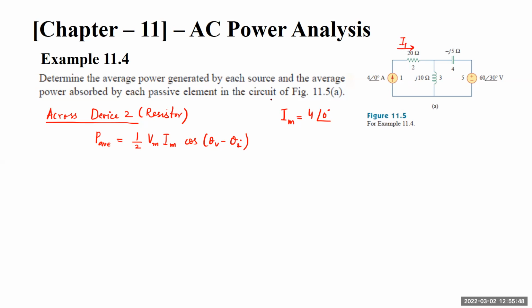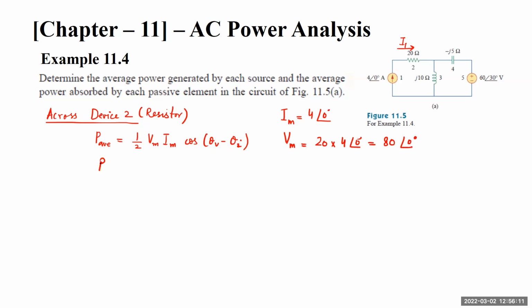The voltage across will be 20 ohms into 4 angle of 0, or 80 angle of 0.